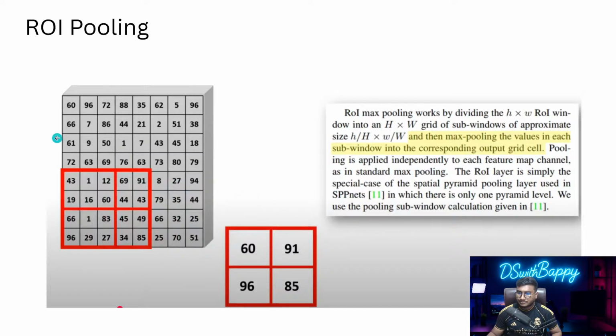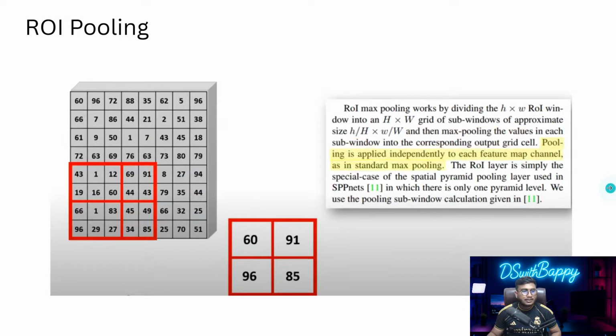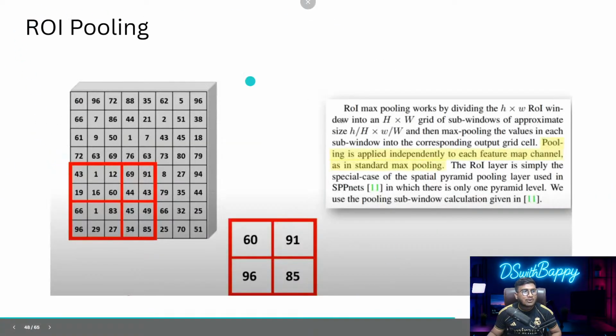Got it? So you can see, we are max pooling the values in each sub window into the corresponding output grid cell. Got it? So this is called ROI pooling.